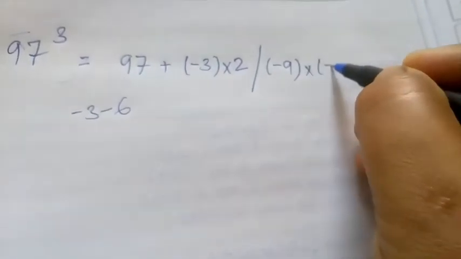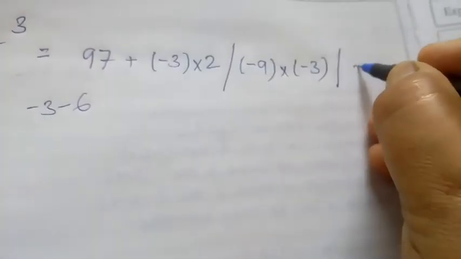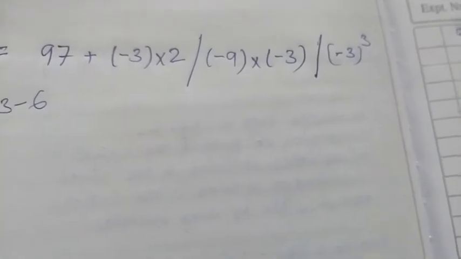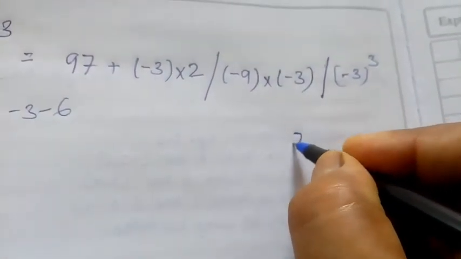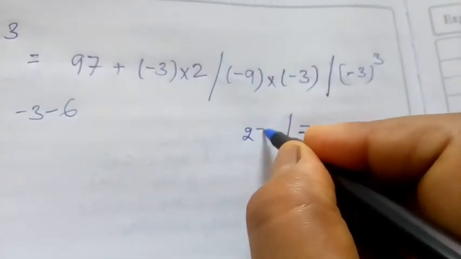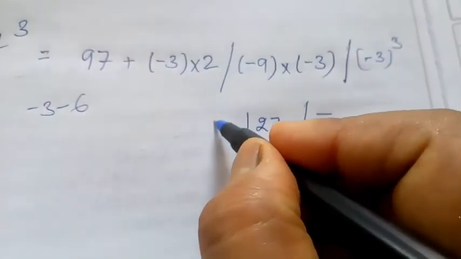Multiplied by minus 3, which is less. And last, minus 3 cube, because this is the formula for less. Minus 3 cube is minus 27, which means 27 bar. 9 times 3 is 27. And 97 minus 6 is 91.